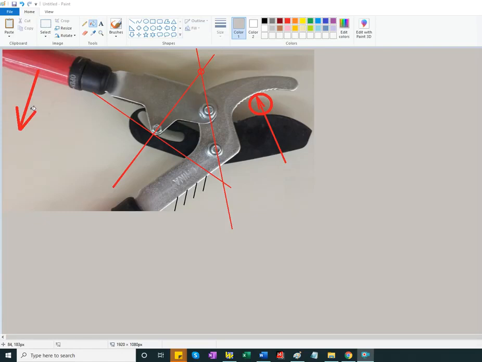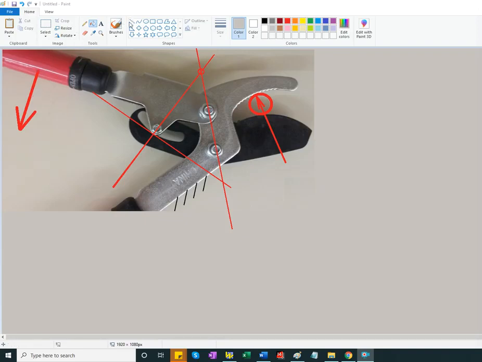So what else do we need? We need to know the arm of the force to calculate the moment, and then the arm of this other force to calculate the moment. So it would be this distance from here to here.